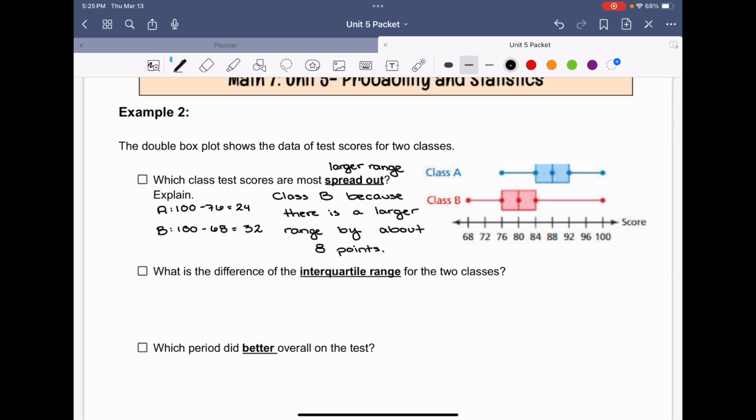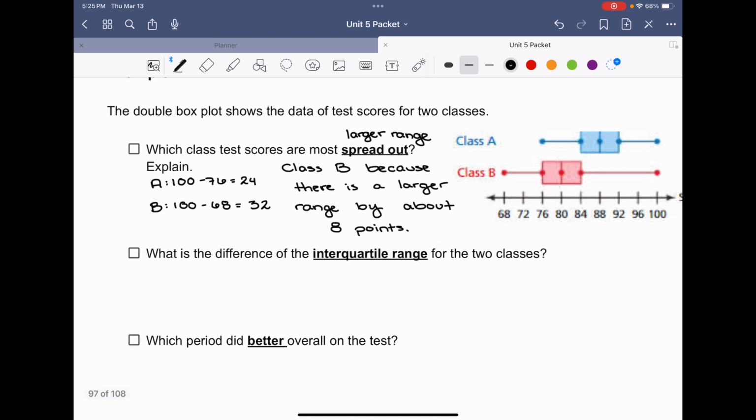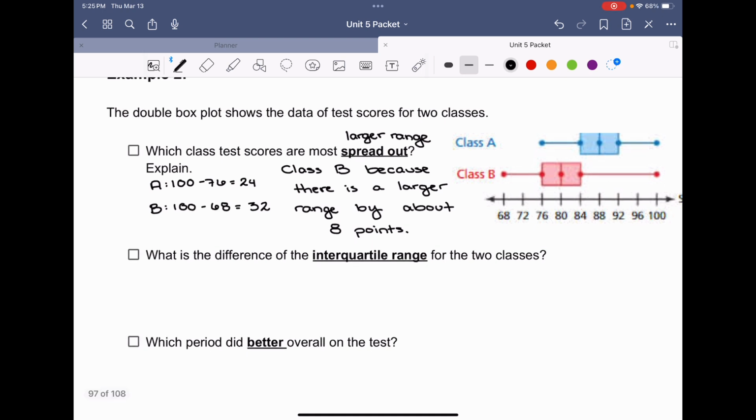All right. What is the difference of the interquartile range for the two classes? Since these are box plots, we can find this information. Let's go ahead and label our 5-number summary on our chart, which we probably should have done before we answered the first question, but we're going to do it now.